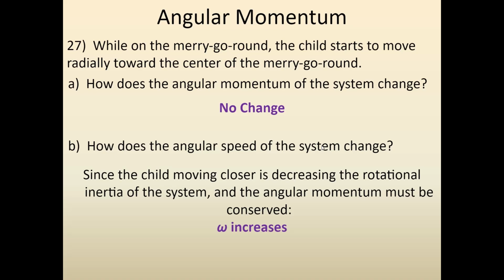When a figure skater pulls their arms in, they start going faster. So the same thing's going to happen here. When you have your arms out, they have mass far out, and their own rotational inertia. You bring them in without changing your body, and all of a sudden the rotational inertia of the system goes down. So it works the exact same way as this merry-go-round setup.